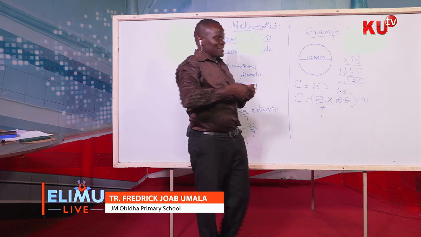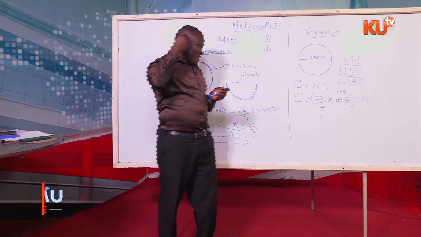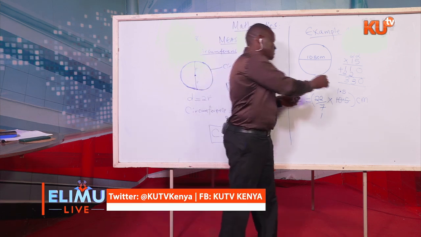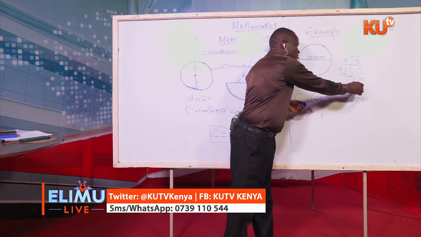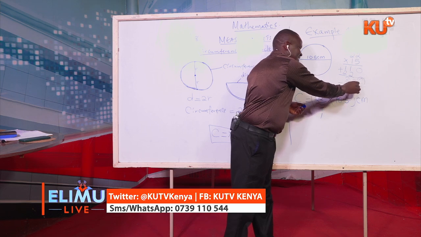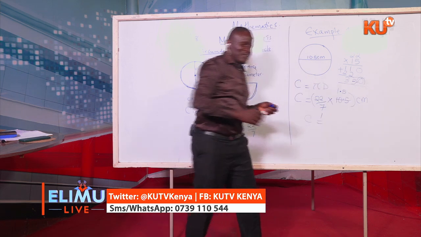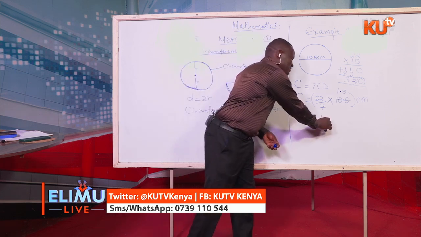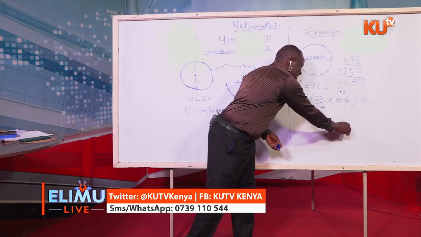And remember, we had a decimal point. Now we introduce the 1 decimal point into the answer. So we move it from the right. There we are. So our circumference, fellow viewers, will be equals to 33 centimeters.